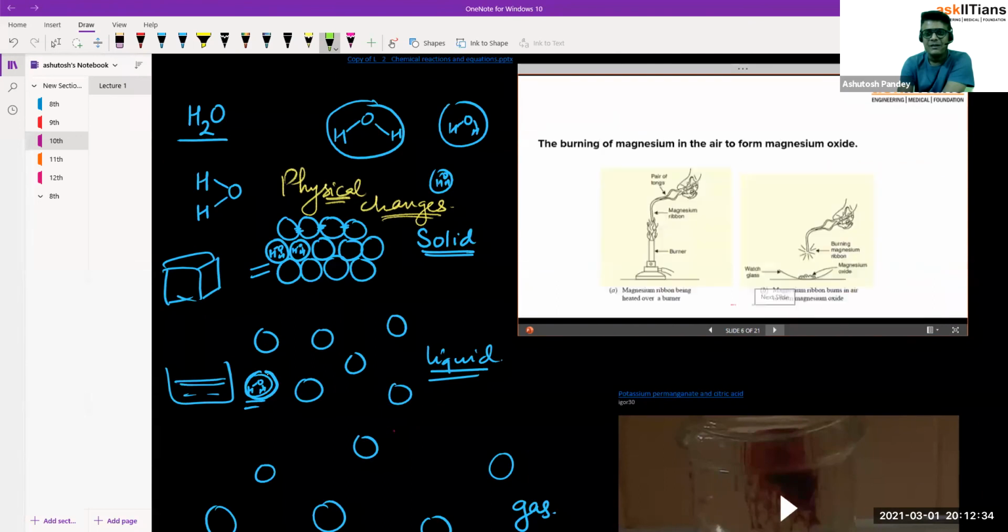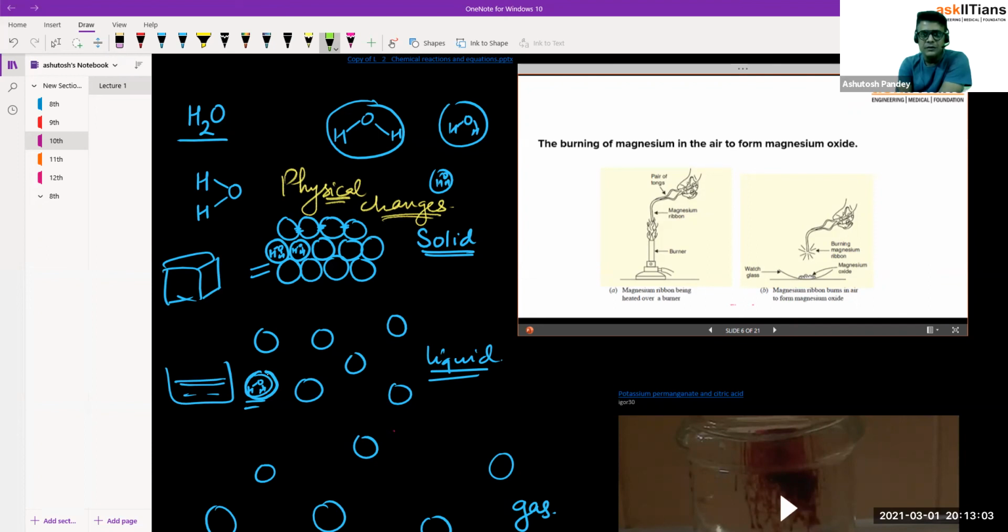Now let's see burning of magnesium in air to form magnesium oxide. What happens? We'll have a magnesium ribbon. Magnesium is a metal, and magnesium ribbon is a flexible strip. We hold it with a pair of tongs, and then we burn the magnesium ribbon.